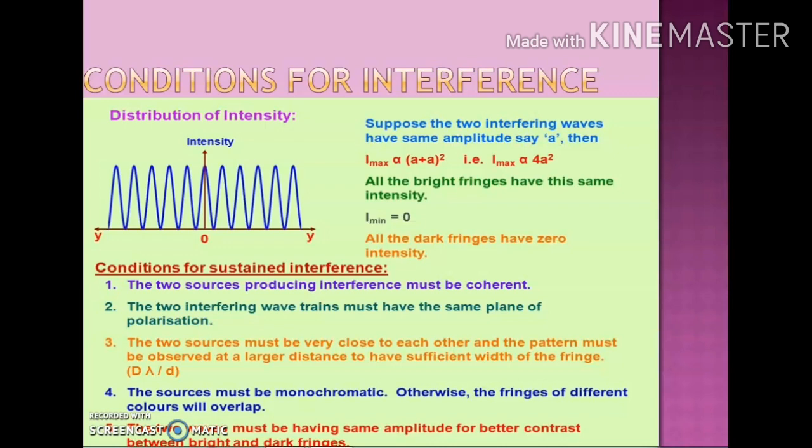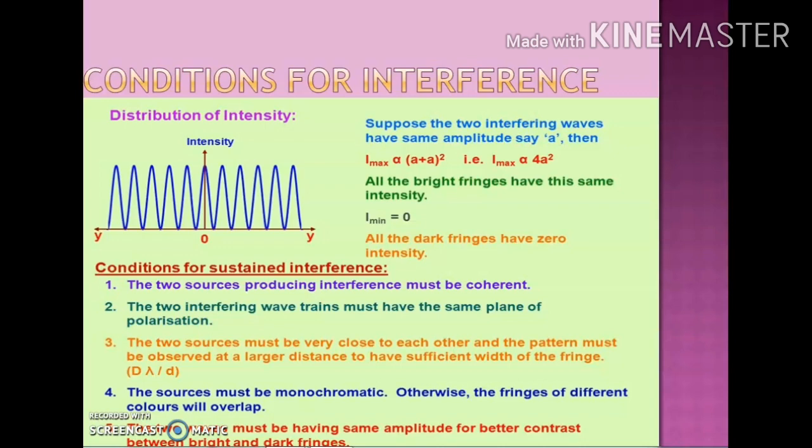All the bright fringes will have the same intensity, and due to destructive interference we will get the dark fringes, and all the dark fringes will have the minimum intensity, which is equal to 0, and all the dark fringes will be equally dark. So this explains the distribution of intensity in case of interference. You can also see here that only a redistribution of light is taking place, right?